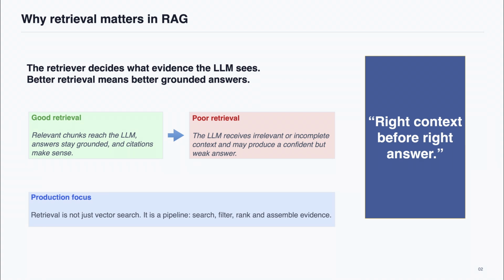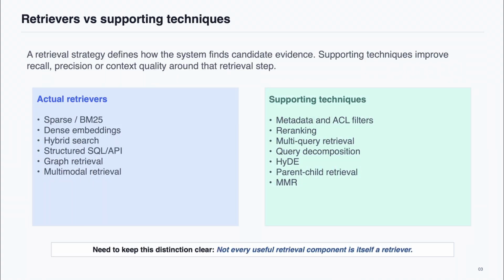In production, retrieval is a pipeline that searches, filters, ranks, and assembles evidence. There are two groups to keep separate: sparse, dense, hybrid, structured, graph, and multimodal retrieval are actual ways to find candidate evidence.